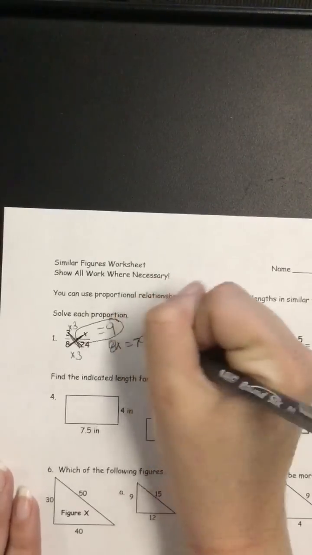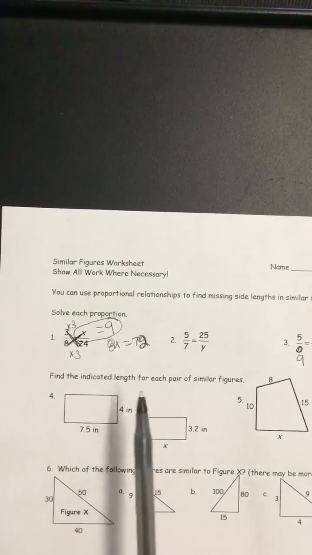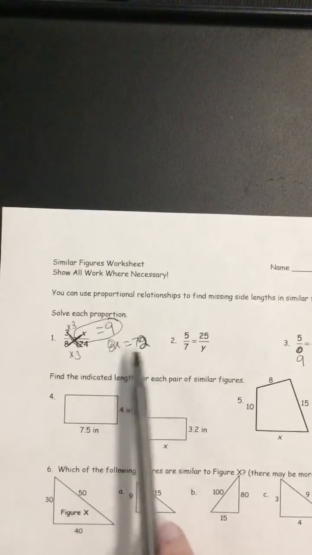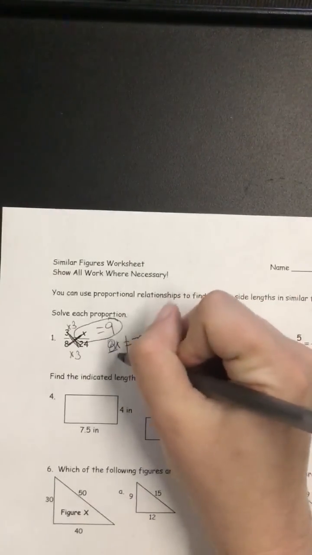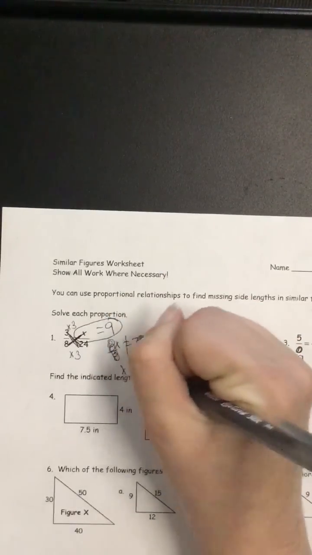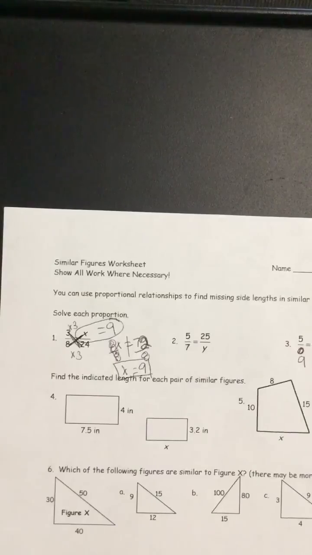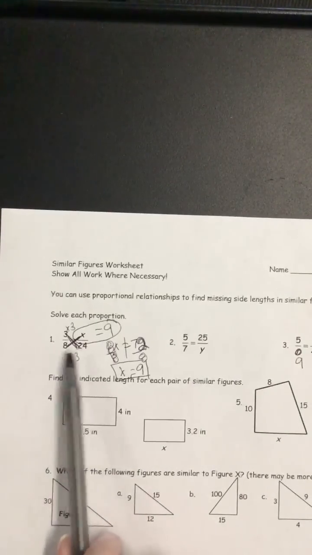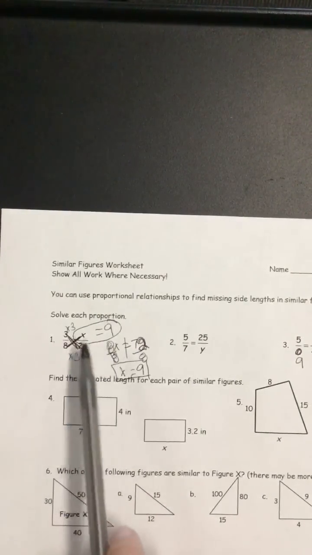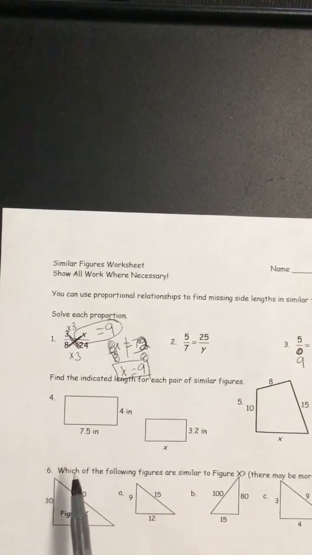Okay, good. Oh, 72, I got ahead of myself. I was answering the question. Good. Then from here, we have to get rid of the 8, so we would use division to get x equals 9. Look, we came up with the same answer, okay? So if you cannot look at the fractions and just go, oh, that's times 3 here, times 3 there, then you could use cross multiplication.